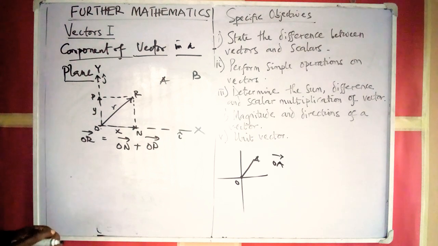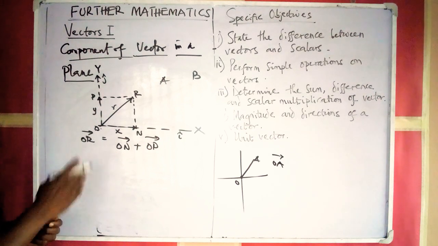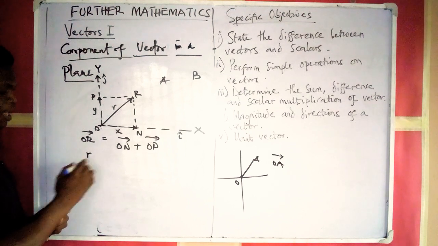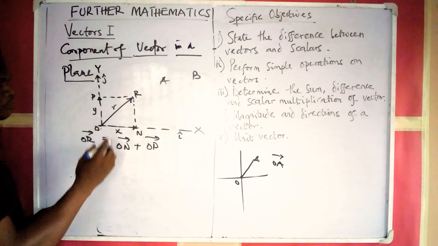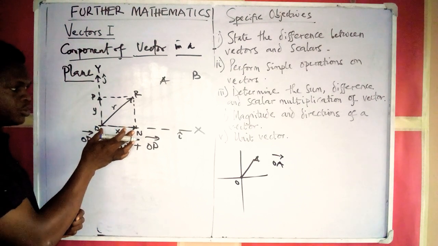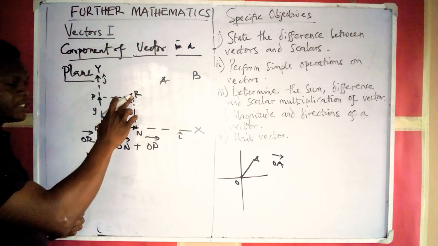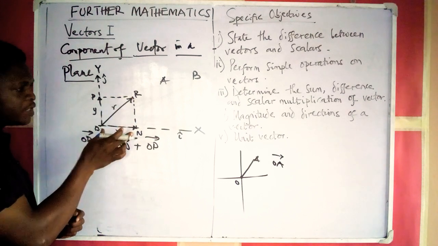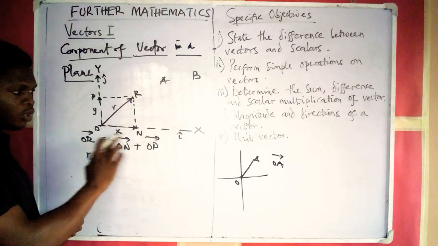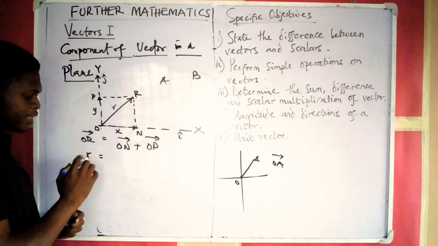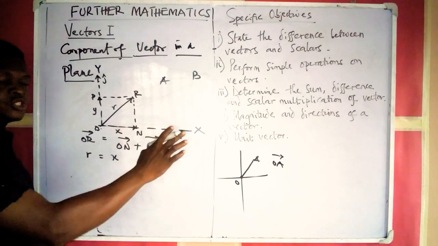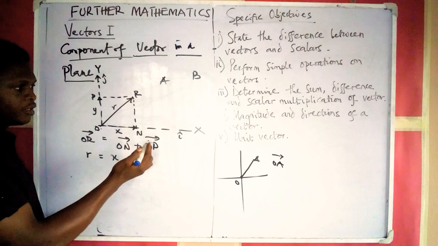That's it. But then I know that my OR, that is small letter r, is equal to... now look at this, x is the magnitude of this particular component, the magnitude of the resultant vector along the x-axis. So I will write r is equal to x, which is the magnitude on the horizontal.